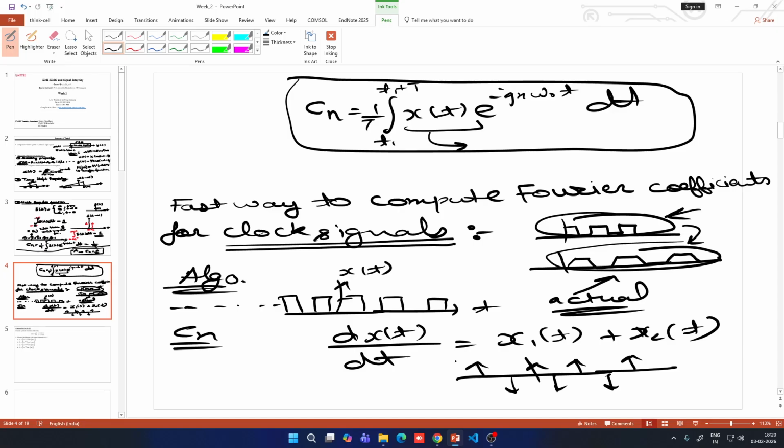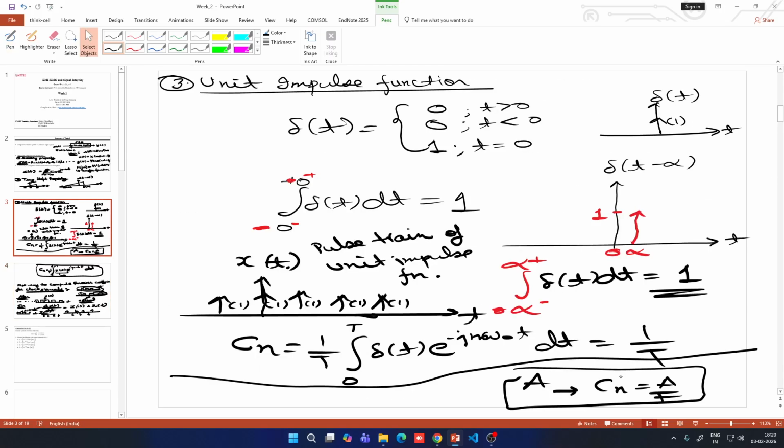The positive ones will be our x1 of t, and x2 of t will be the negative impulses like this. So dx by dt is the sum of these. We have to determine the Fourier coefficient for the impulse train part, which is very simple, as we have seen earlier.